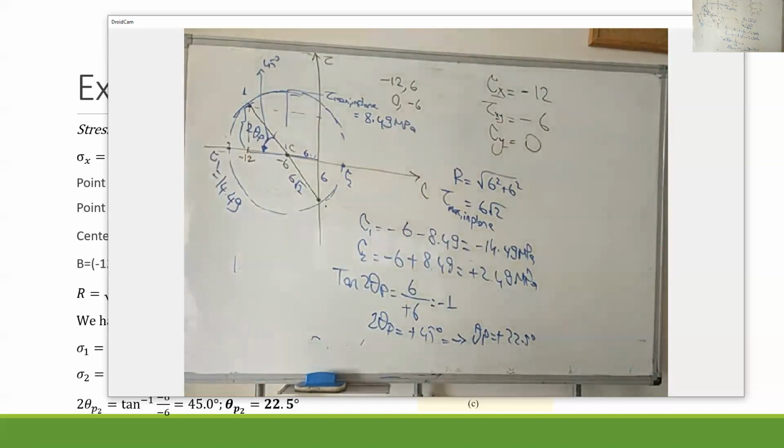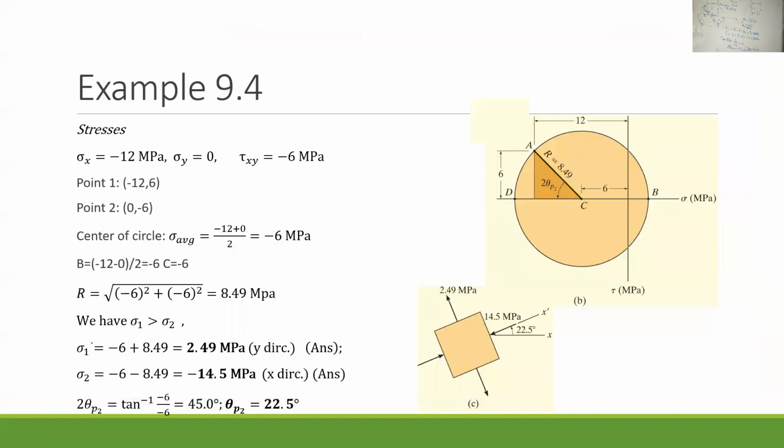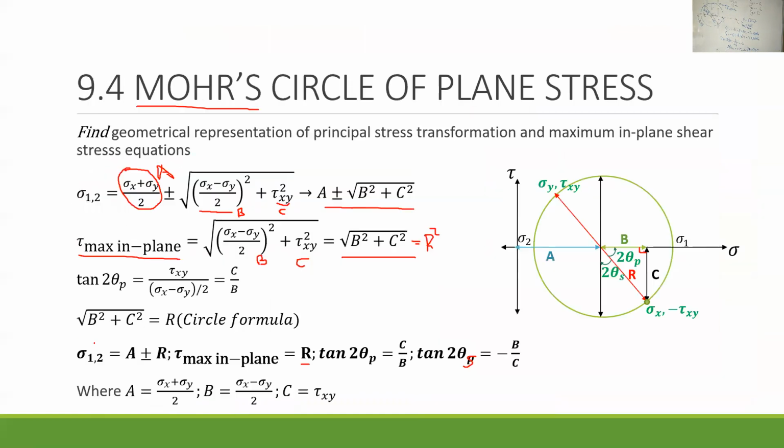Actually, maybe I can check with my formulation. Maybe I made a mistake. Actually, yes, I made a mistake. This should be minus, and this should be positive.